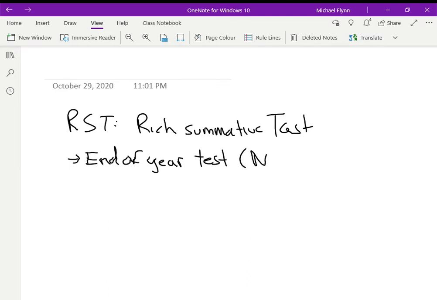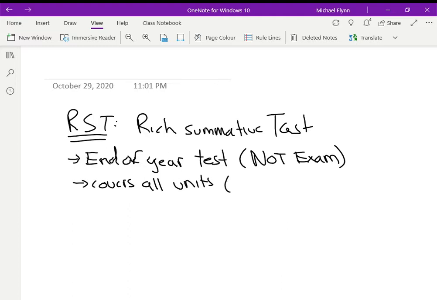It's not an exam, and it's not going to be as long as an exam would normally be, but it's similar in the sense that it's a test that covers all the units that we've studied: space, chemistry, electricity, and ecology. So all 4 units.